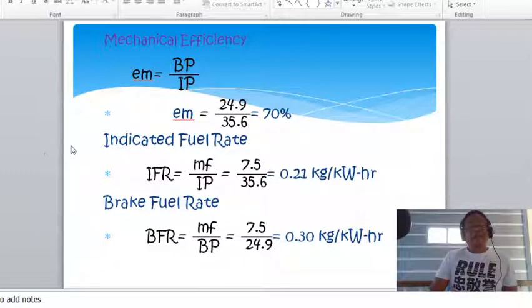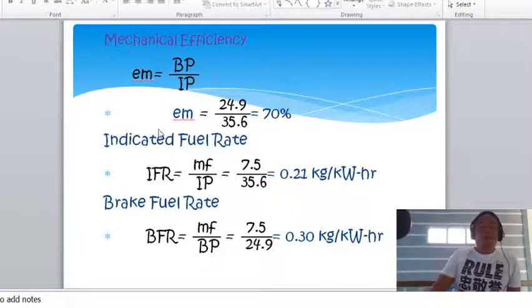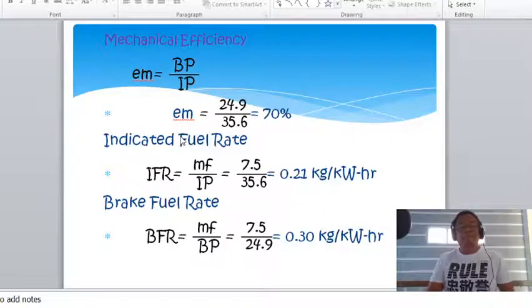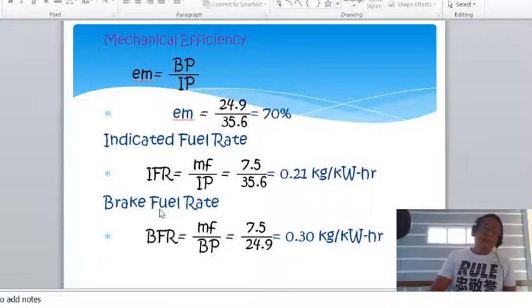Let us proceed to the indicated fuel rate. IFR is equivalent to mass of fuel divided by the indicated power. Knowing the mass of fuel, which is 7.5 kilogram per hour, divided by 35.6, the indicated fuel rate is 0.21 kilogram per kilowatt hour. Getting the brake fuel rate, where the brake power is 24.9, the value is 0.3 kilogram per kilowatt hour.